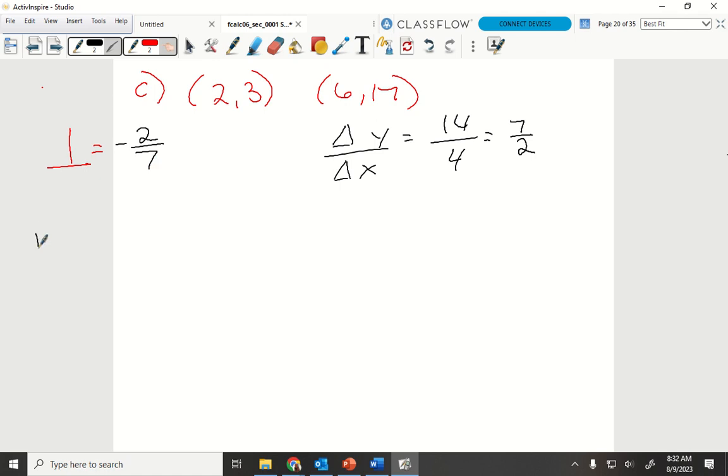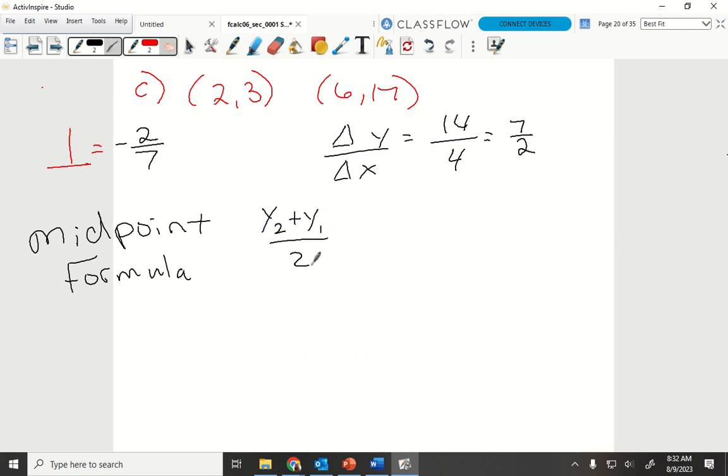So the midpoint formula is going to be the coordinate (x2 plus x1 over 2, comma y2 plus y1 over 2). Oh, wait, x. Sorry. I screwed up. I put y first. There you go.